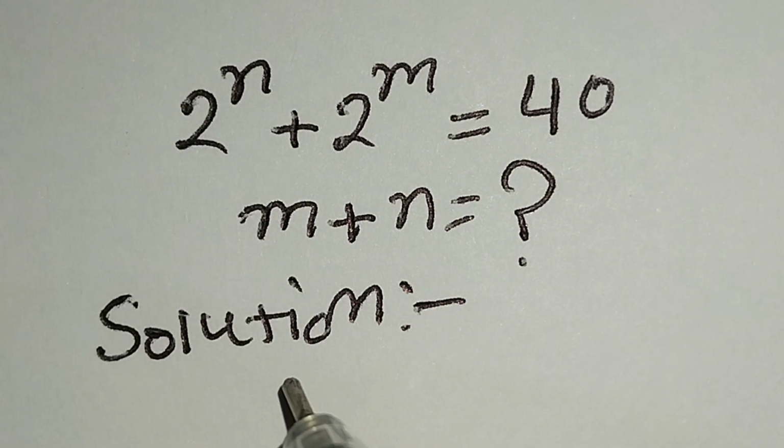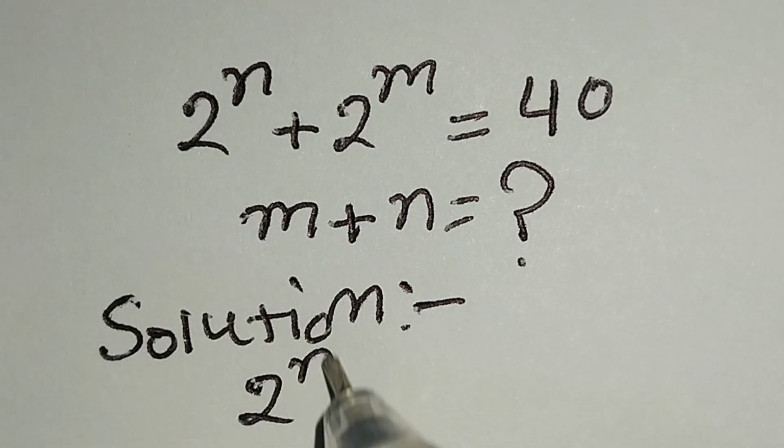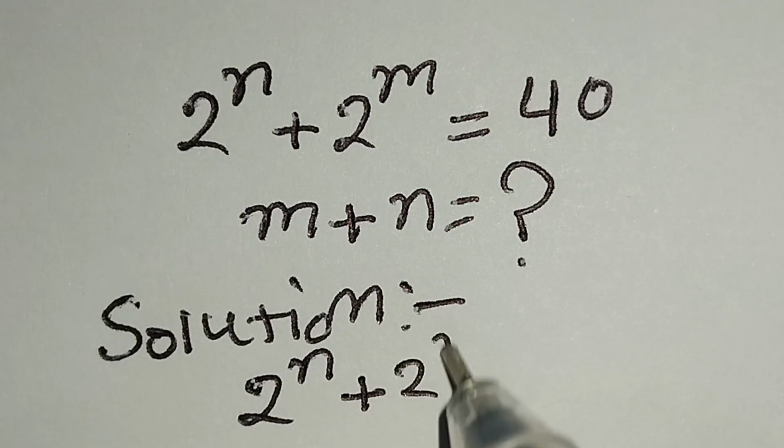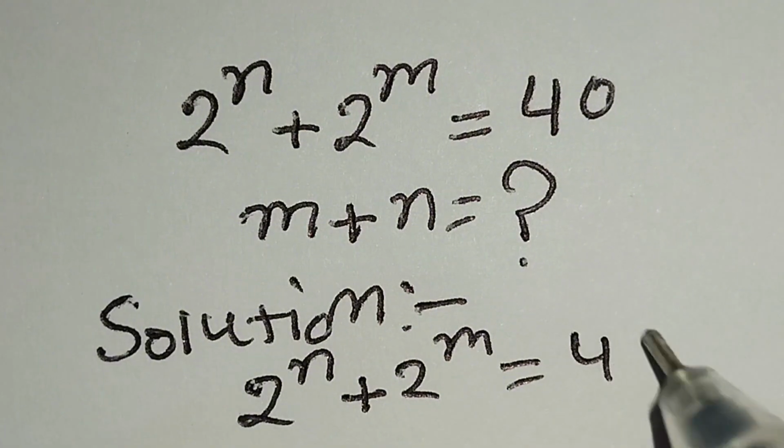The given equation is 2 to the power n plus 2 to the power m equals 40.